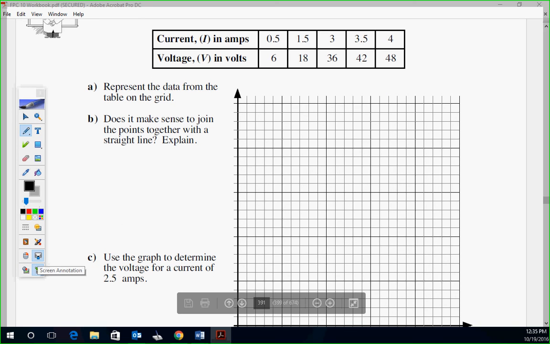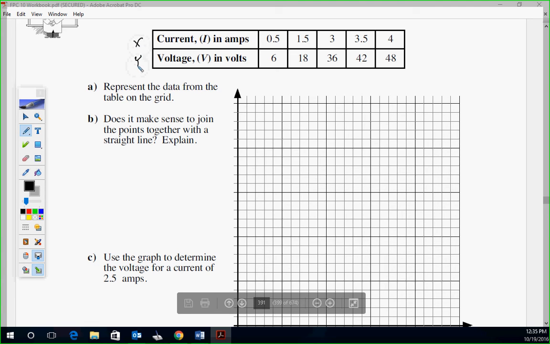The top says, students in a physics classroom determine the resistance in an electrical circuit by measuring the voltage when a current in amps was passed through the circuit. The table below shows the results. So here's a table they're building, and it's written in this form. This to us is our x, this to us is our y.